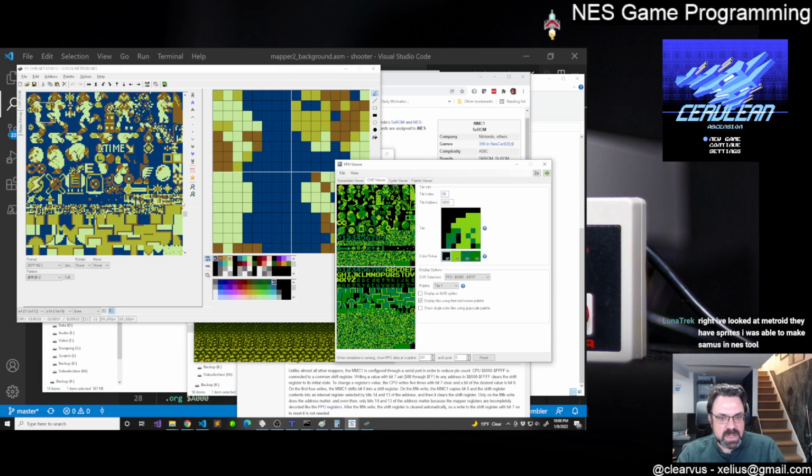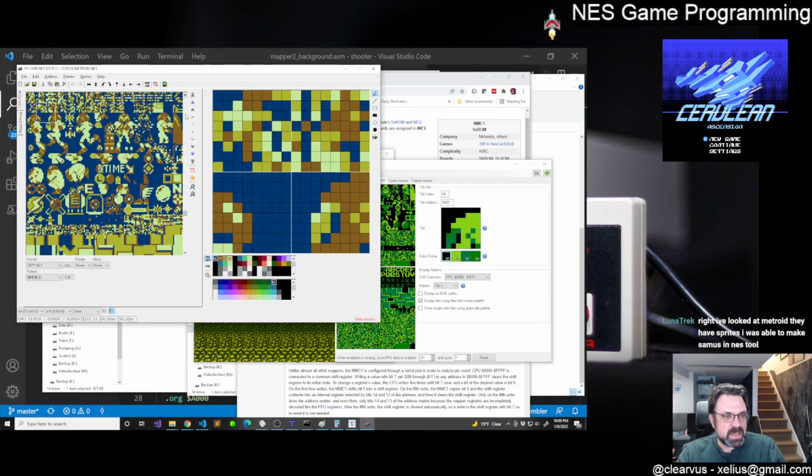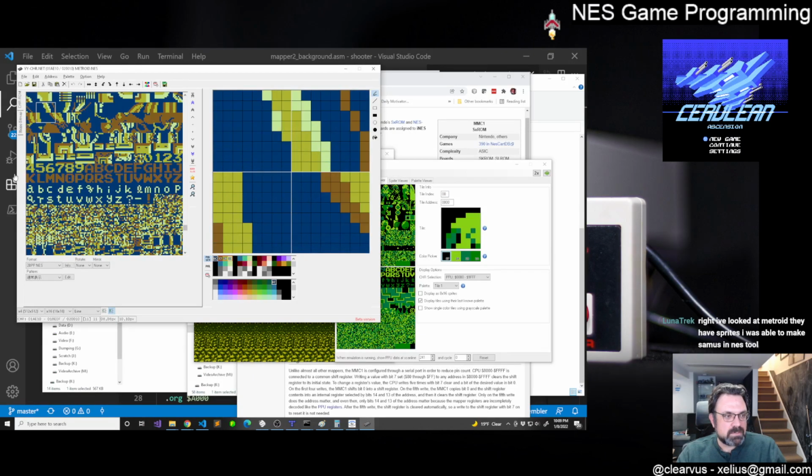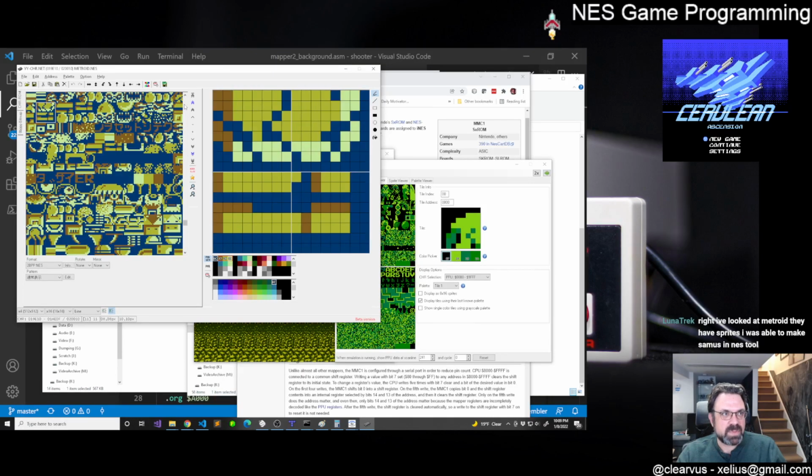the 0 through 9, so they might be using the 4K bank. Looks like that's over here, so it might be using the 4K banking for the PPU.